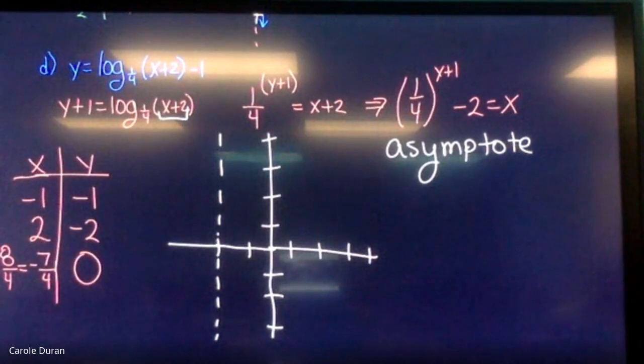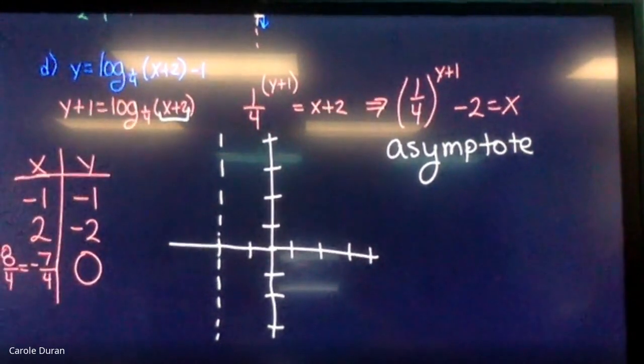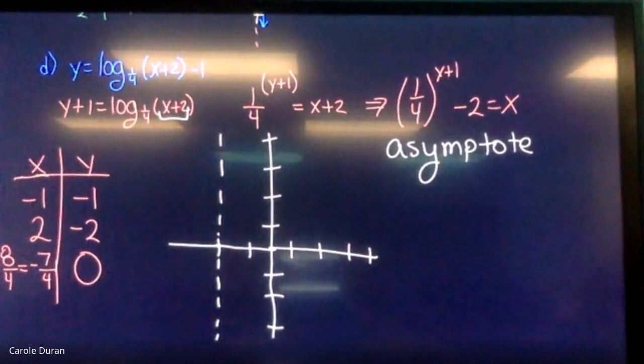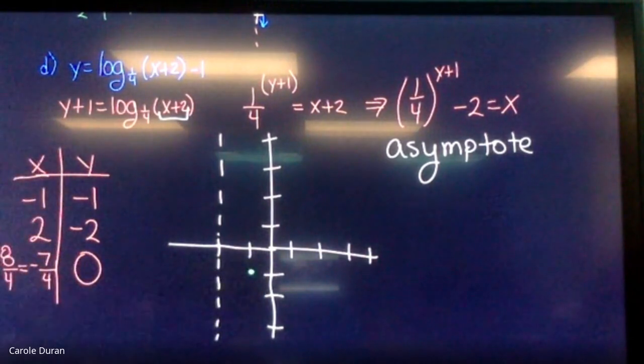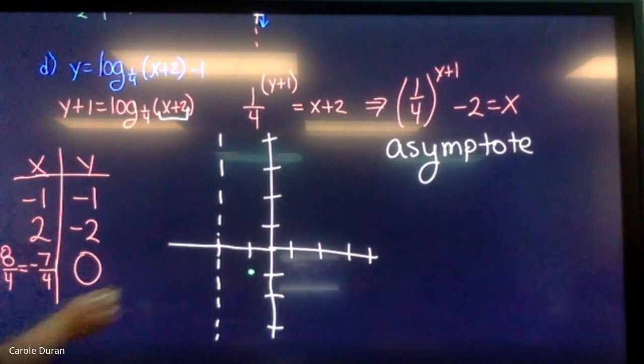Okay, so now we're just going to go ahead and graph the points that I was given, and then we will be finished. So the first one I'm going to put down is -1, -1. The second point is going to be 2, -2.